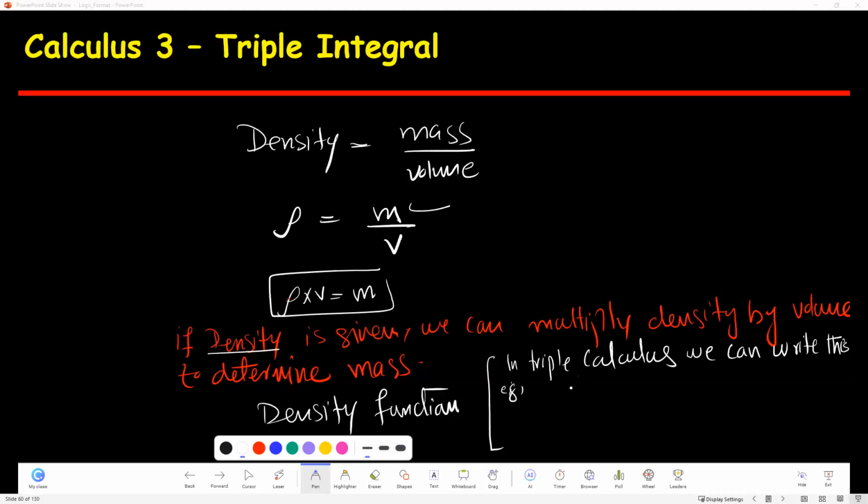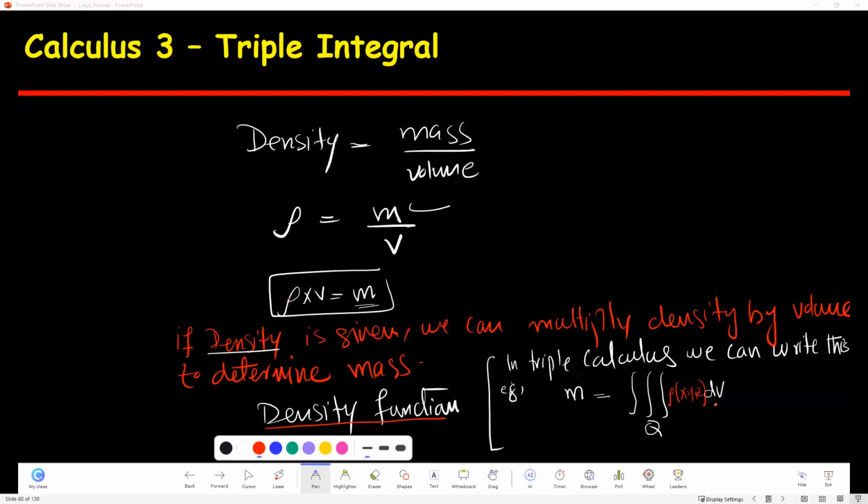We have given 1, I need the mass, so I'm going to write mass, and I'm going to write the triple integral over Q, which is my volume domain, with dz, dy, dx, or basically dV. The only additional work is writing the density function here: rho is a function of x, y, z.